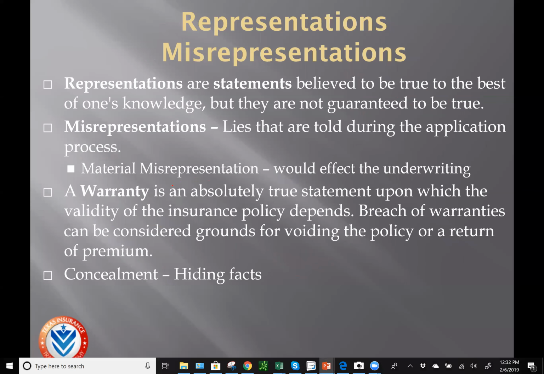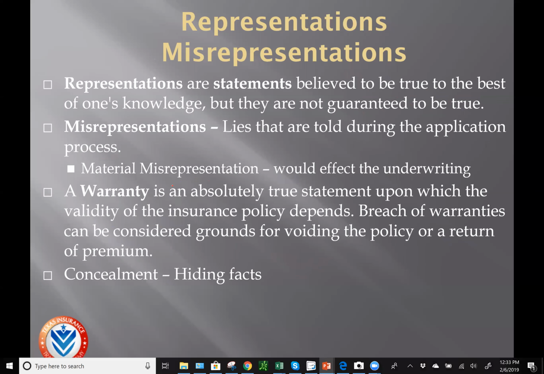All right, next, let's talk about representations. So let's say you're asking me a question on the application. The answer I give you is a representation. It is a statement that is believed to be true, but it is not guaranteed to be true. Because what if I have a few health problems and I lie to you? Applicants will lie to you.